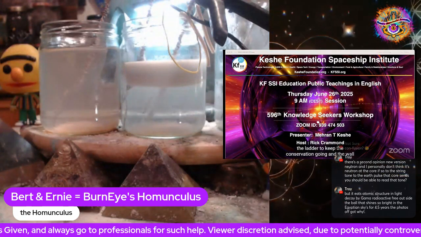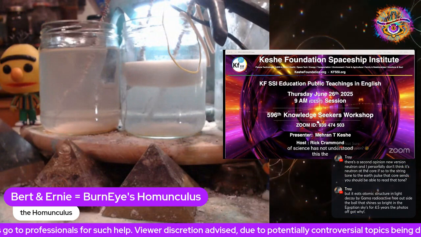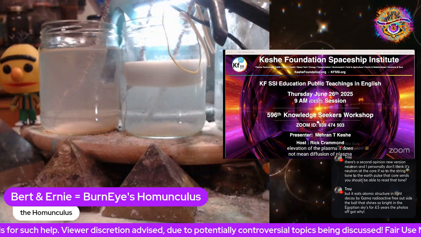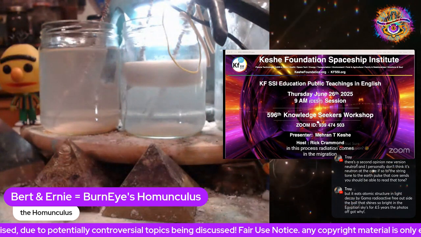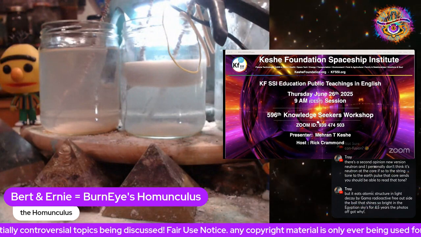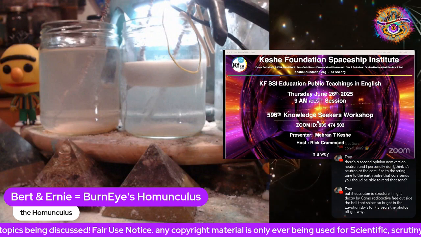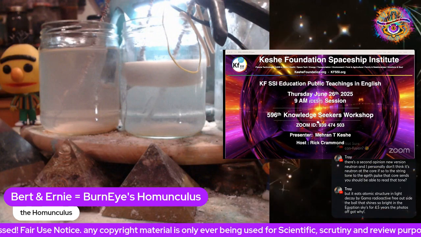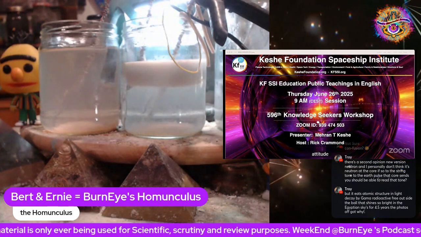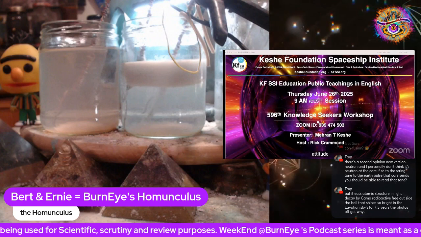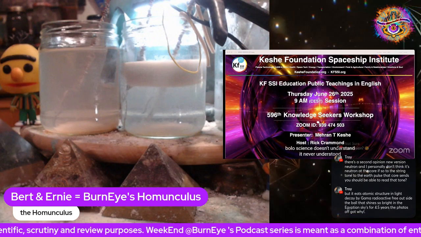The elevation of the plasma does not mean the fusion of plasma. In this process, radiation comes in, not amalgamation. In a way, you blow air into the balloon, you don't bring another balloon to add to it. The world of science doesn't understand. It never understood that.